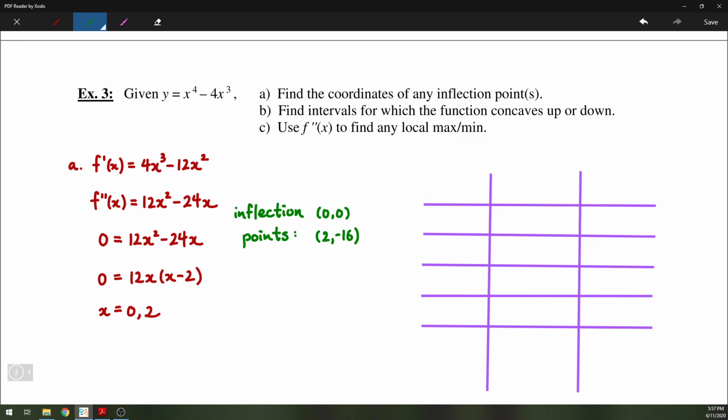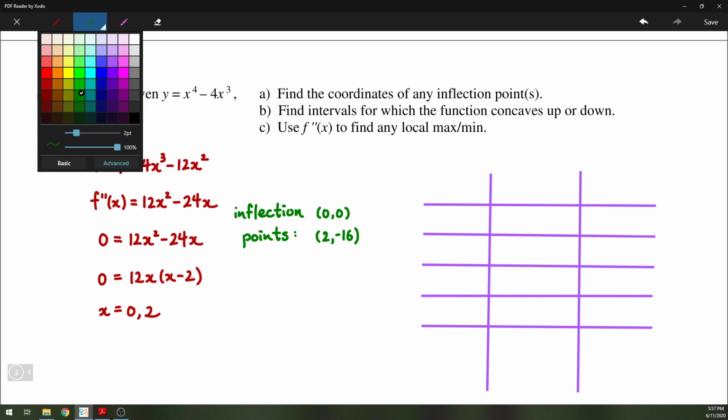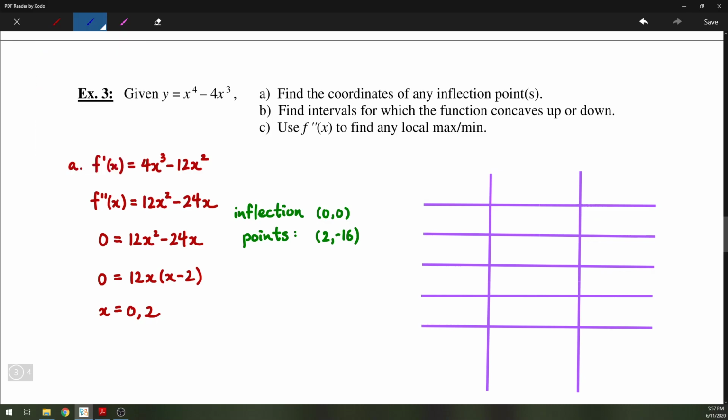All right, so part B asks us to find the interval for which the function concaves up or down. Okay, so the intervals are going to be listed as follows. Well, they're going to be divided by when x is equal to 0. That's one of the stops, and then the other one is when x is equal to 2. So our inflection points.